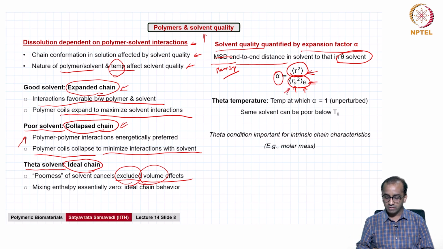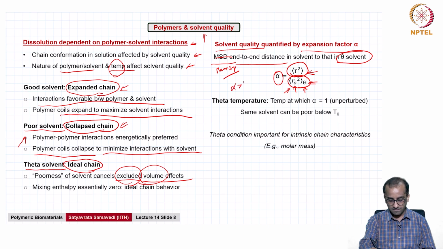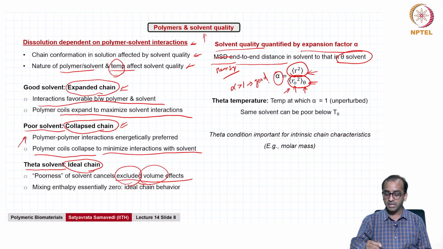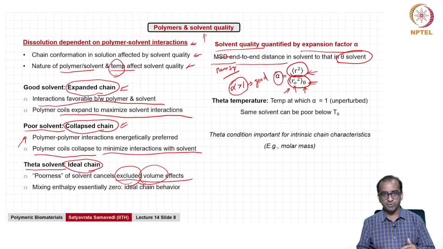Now, one thing to keep in mind here is if alpha is greater than 1, the solvent is considered good, meaning compared to the ideal chain, you have an expanded chain leading to alpha being greater than 1, and obviously less than 1 is going to be a poor solvent.